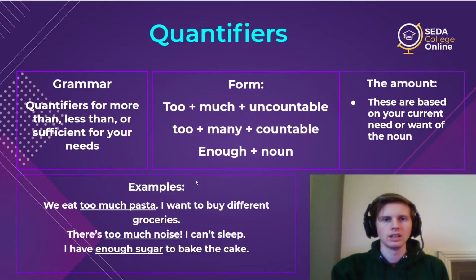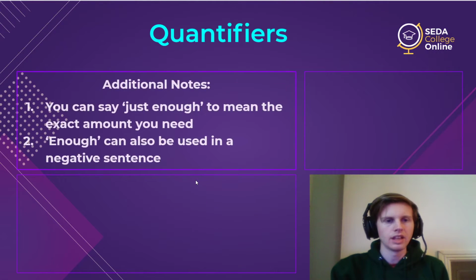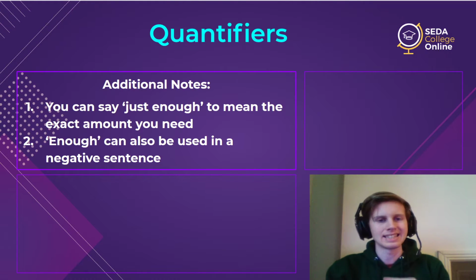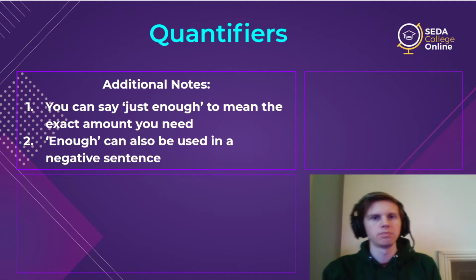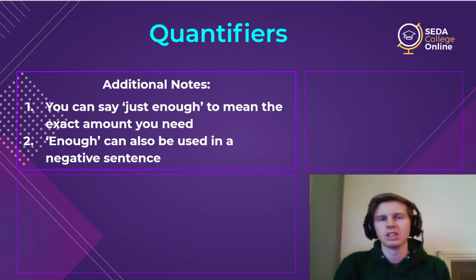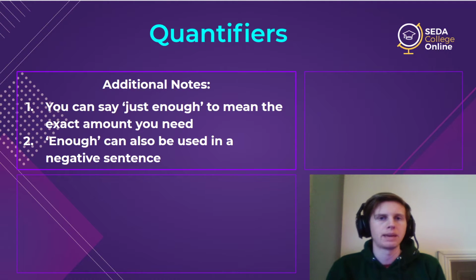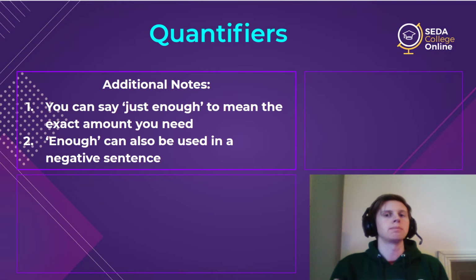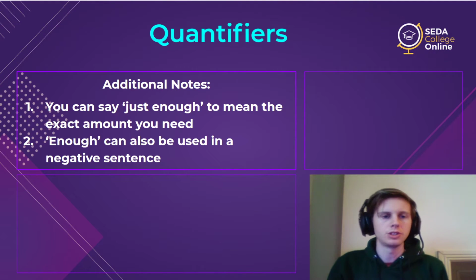Okay. So additional notes. You can also say just enough to mean the exact amount. So if I say I have enough flour, that means I have enough. I can finish my task, I can accomplish my goal, I can bake the cake. But maybe I need 200 grams of flour to bake.